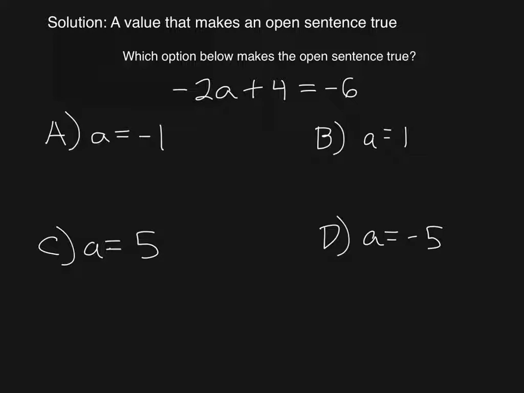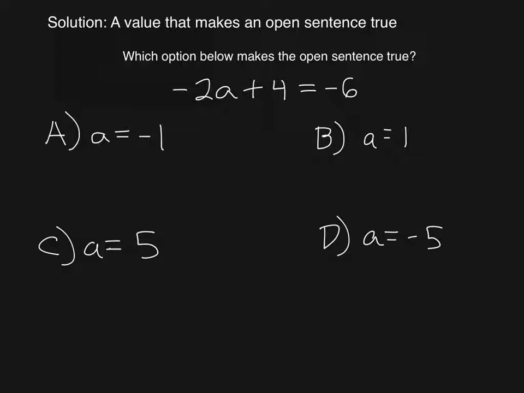When we have an open sentence, a lot of times what we want to do is find the solution. A solution is a value that makes an open sentence true. So if we have an open sentence like negative 2a plus 4 equals negative 6, a value for a that makes the statement true is called the solution. Looking at option A, a equals negative 1.